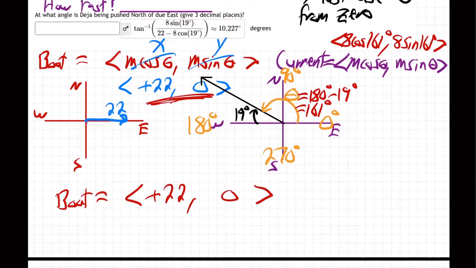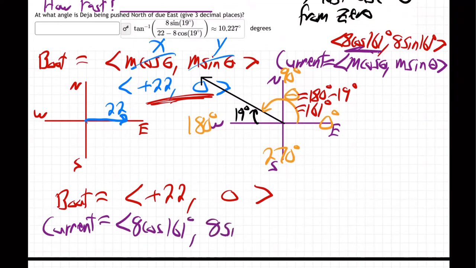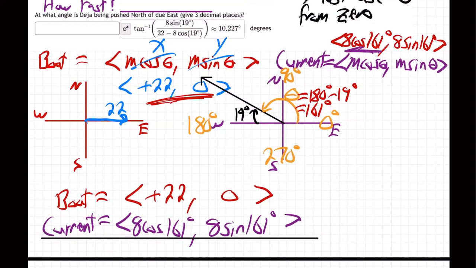And then we've got the current vector, which is a little more complex right here. 8 cosine 161 degrees, comma 8 sine 161 degrees. And then we're going to add these together to get the result.